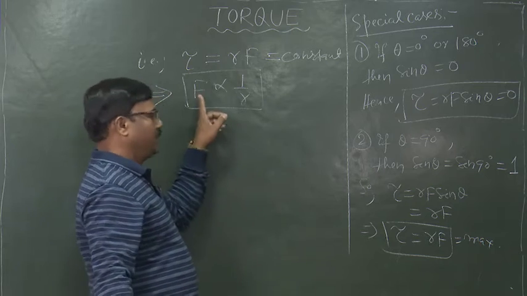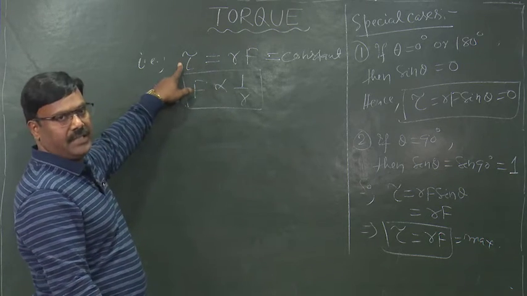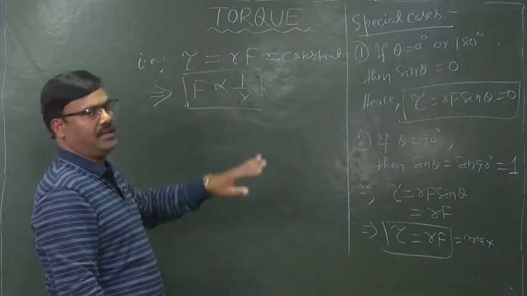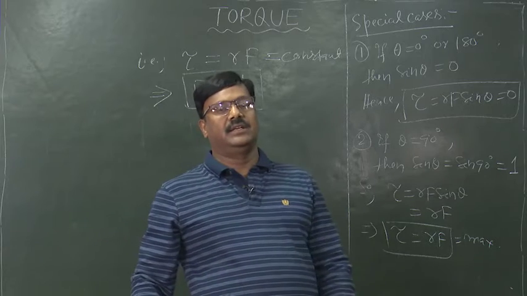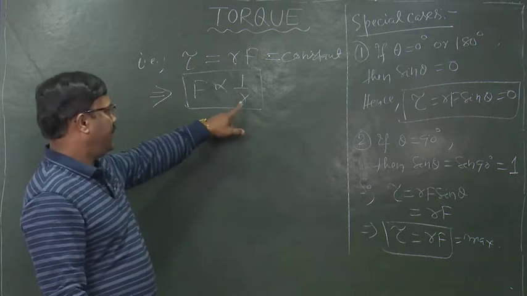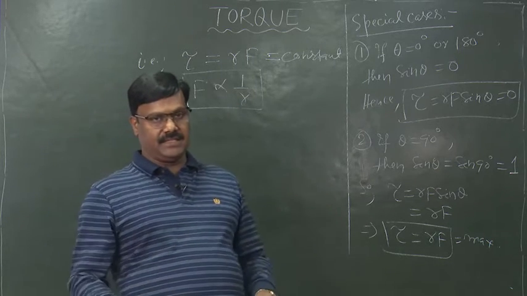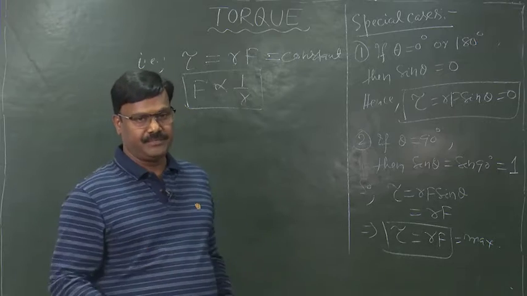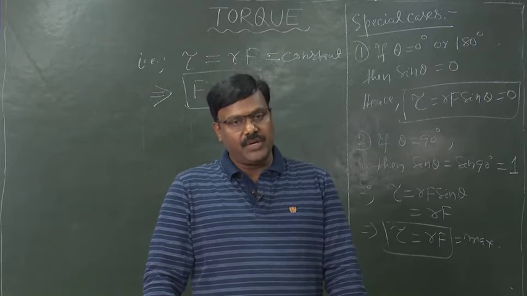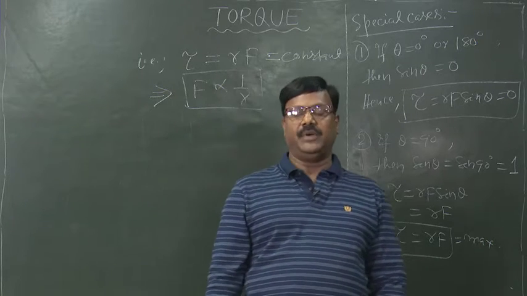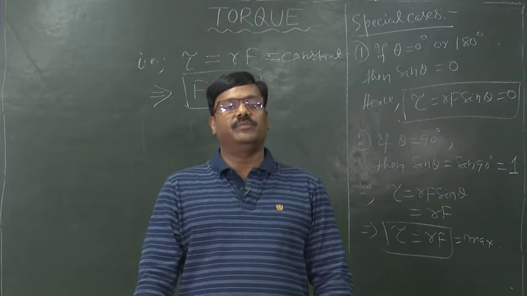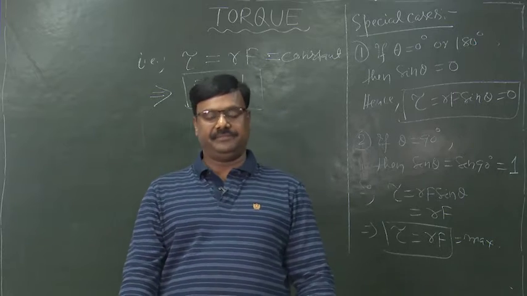That means, for a body in rotation, the force varies inversely with the perpendicular distance of the particle from the axis of rotation. That means, if r increases, then F will decrease. That is why the force acting on a body will be minimum if the perpendicular distance of the particle is maximum from the axis of rotation.